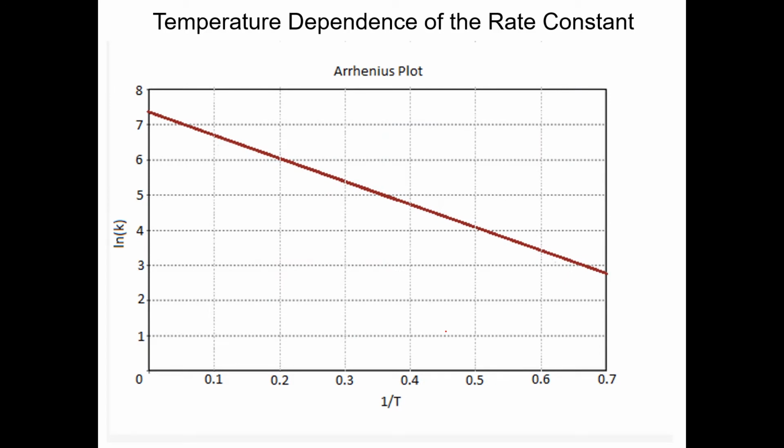Notice that in this case, the slope of that line is going to be minus Ea over R. Now, since the graph is giving you the slope and R is a constant, you can use this type of graph to find the value of the activation energy. And this is typically the way that we do this, to find the activation energy.